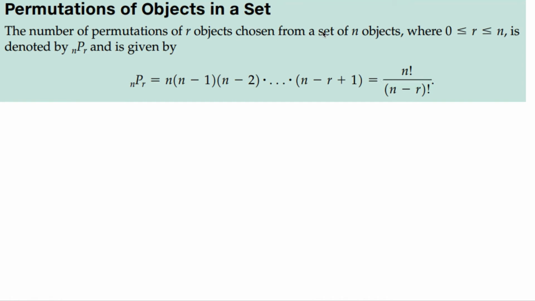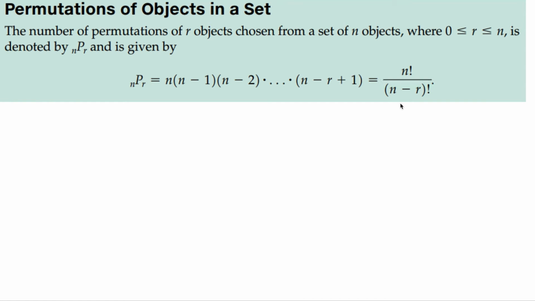Let's talk about this one more time. The generalization of permutation out of n. Suppose you are using the permutation because the order matters. Then you can do n factorial over n minus r factorial.